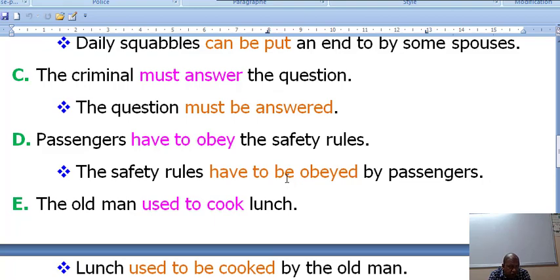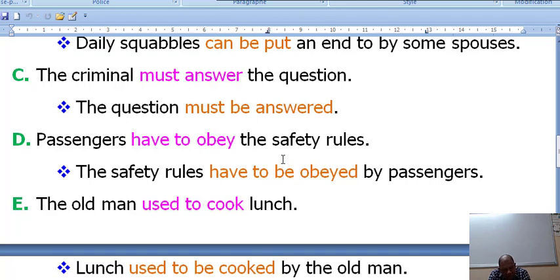The safety rules have to be obeyed by passengers. E. The old man used to cook lunch. Used refers to the past, habit in the past. Used to cook lunch. Lunch used to be cooked by the old man all the time.